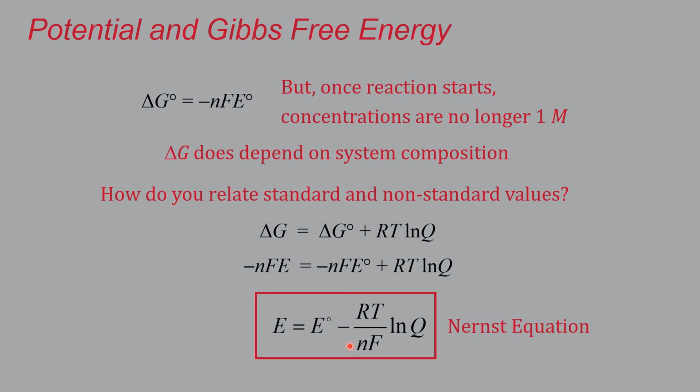This is referred to as the Nernst equation. And again, the appropriate value of R here is 8.314 joules per mole per Kelvin.